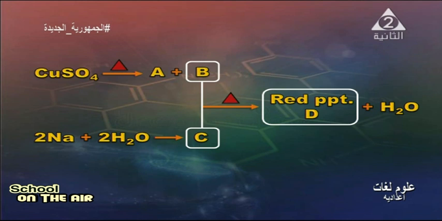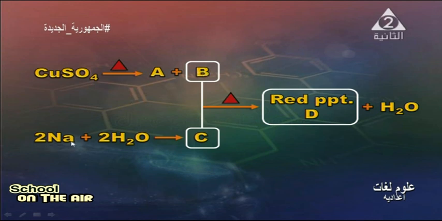So in this reaction we can see copper sulfate will decompose into SO3 and CuO. So the symbol of B is CuO, copper oxide.